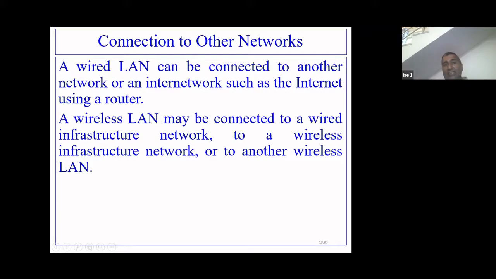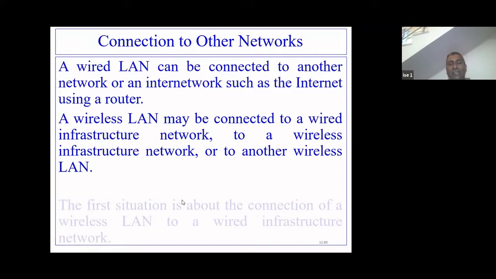So the next difference is that a wired LAN can be connected to another wired LAN or another internetwork using a router. But a wireless LAN can be connected to a wired infrastructure network, that is a wired LAN, or it can get connected to a wireless infrastructure network or another wireless LAN also.